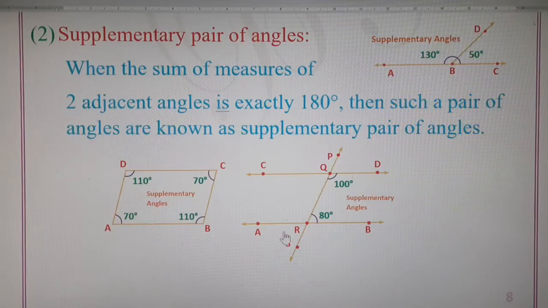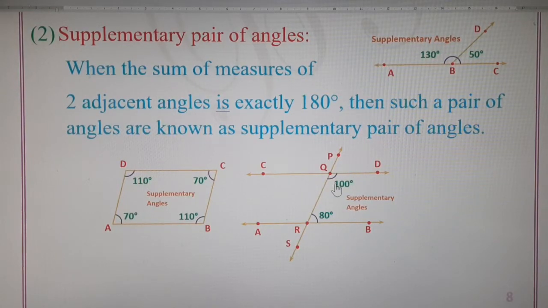Between two parallel lines, the angles formed on the same side of the transversal, here the transversal is PS, and angle DQR and angle BRQ form an angle between the two parallel lines, and they form an angle on the right side of this transversal.